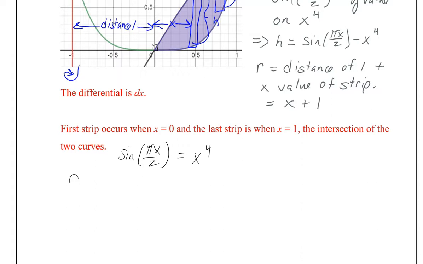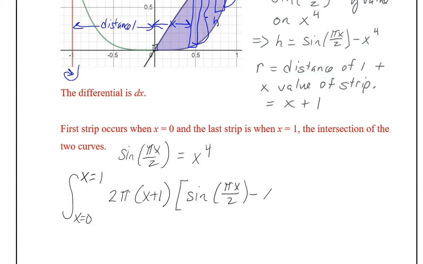We want to go from our first strip occurring at x equals 0 to our last strip at x equals 1, and then we take 2 pi times the radius, which was x plus 1, times the height, which in our case turned out to be a more complicated sine of pi x divided by 2 minus x to the 4th. This is 2 pi r here times the height here times the differential, which is dx.